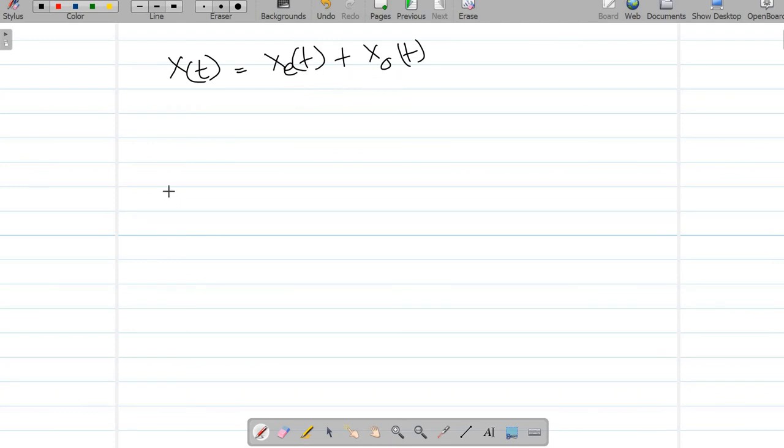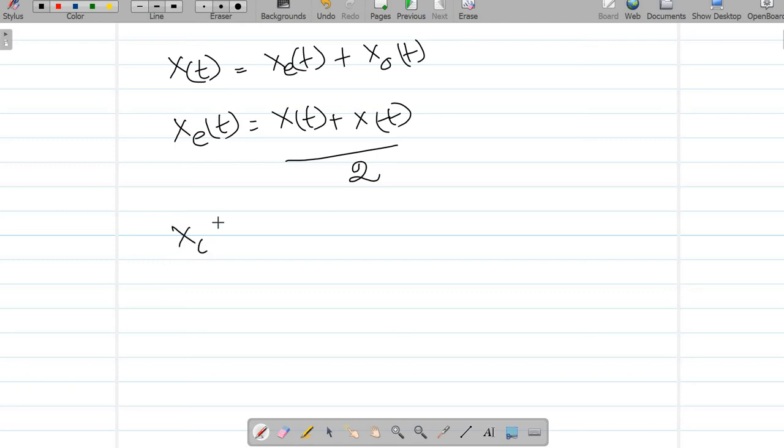So any signal can be thought of as a sum of the even part of the signal and the odd part of the signal. The even part of the signal can be written as x of t plus x of negative t, divided by 2. And the odd part of the signal can be written as x of t minus x of negative t, divided by 2.